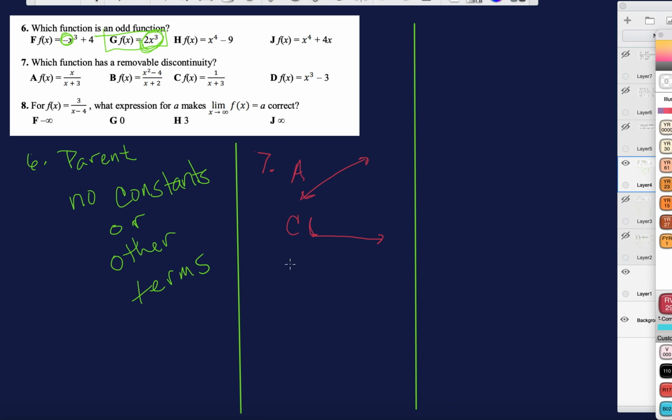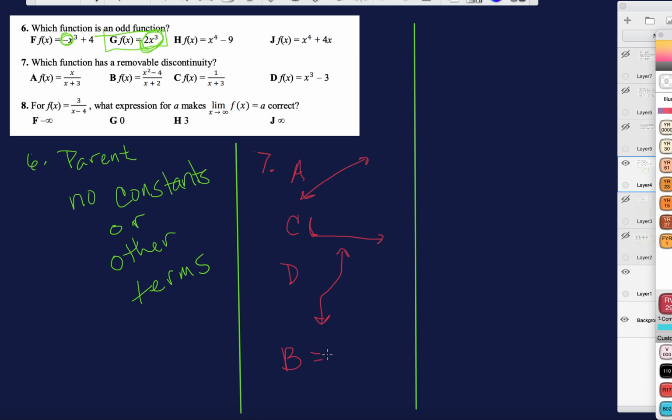This one, letter D, is cubic in nature. There it is. Okay, but letter B is the only one that we could factor, right?